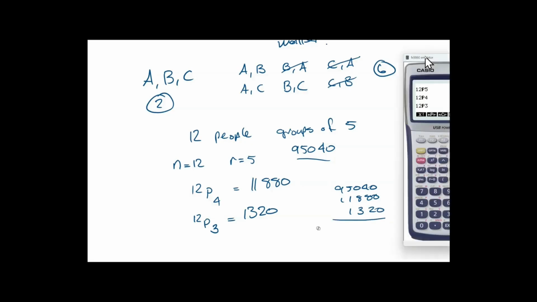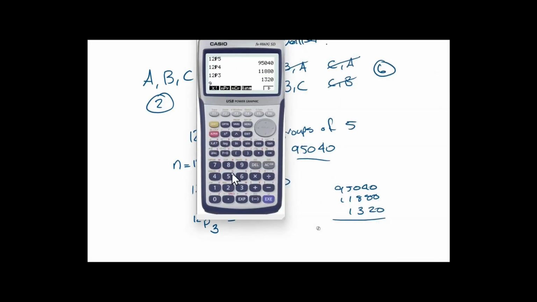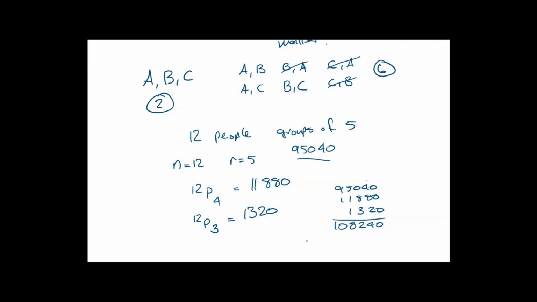And I have no idea what that is. So 95,040 plus 11,880 plus 1,320. And now there's over 100,000 different permutations to choose from, 108,240.